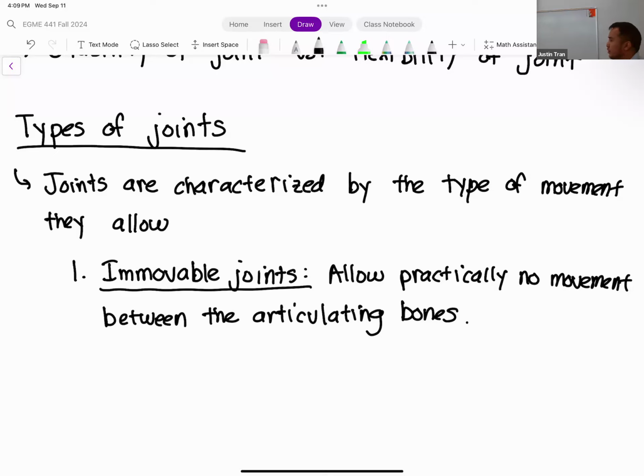The reason for this, in large part, is the geometry. A lot of these joints have bones that geometrically cannot move past each other. But also, a lot of these joints have a lot of cartilage and ligaments around them that prevent any kind of movement.